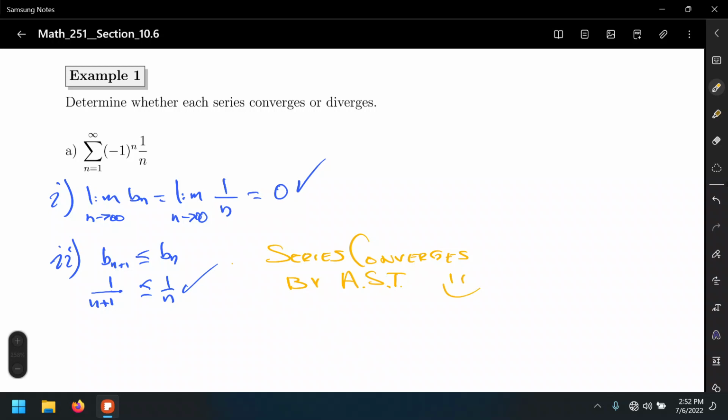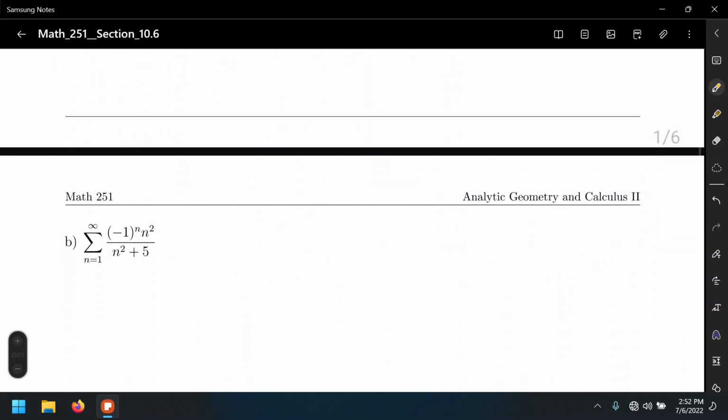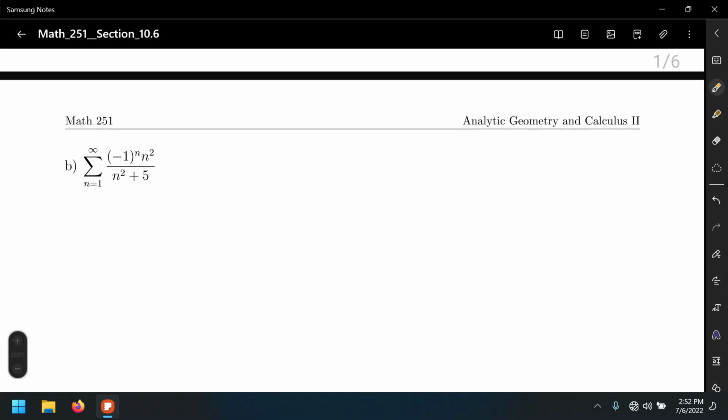Let's have a look at the next example, letter B on the next page. So for B, what do we have? Sigma n equals 1 to infinity of negative 1 to the n times n squared divided by n squared plus 5.